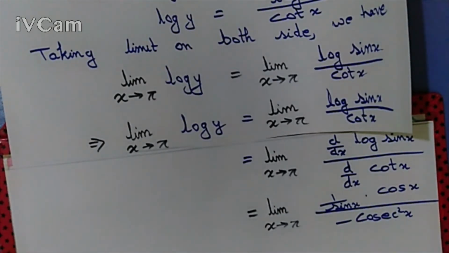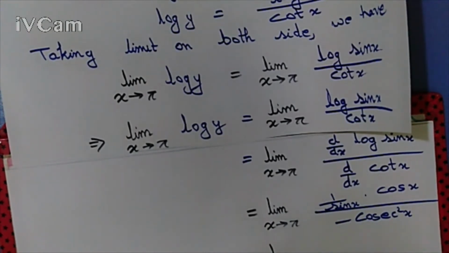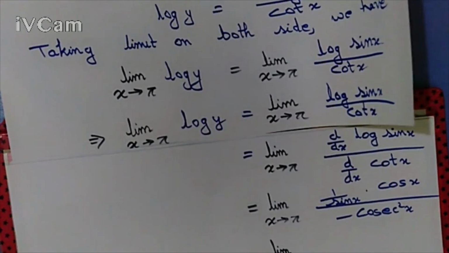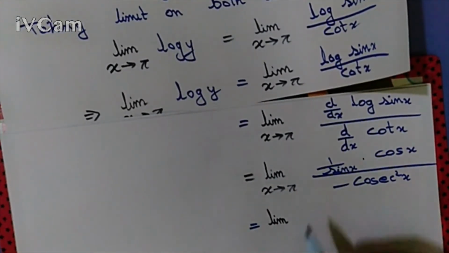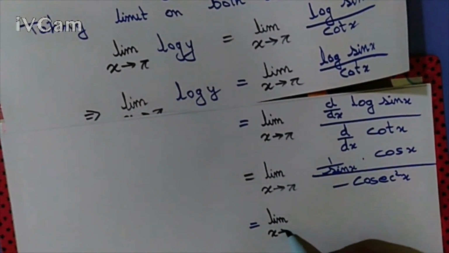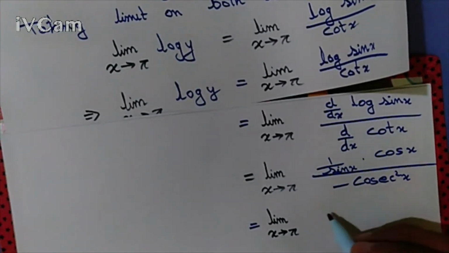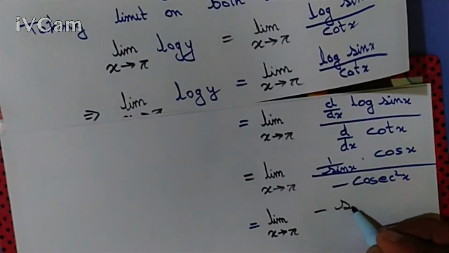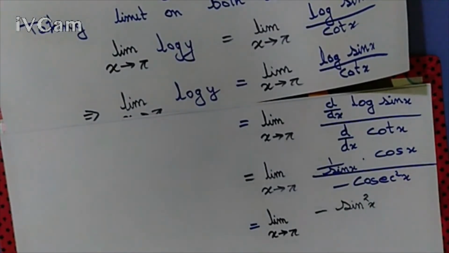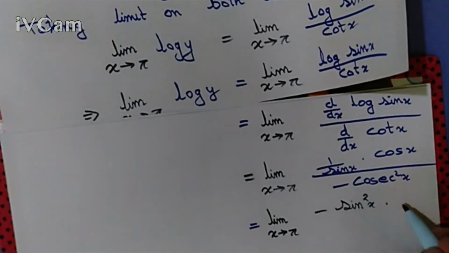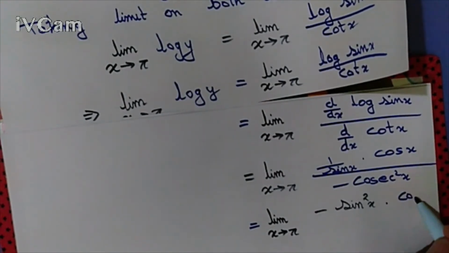So we'll have limit x tends to pi, 1 by cosec square is sin square, so minus sin square x into cos x by sin x.